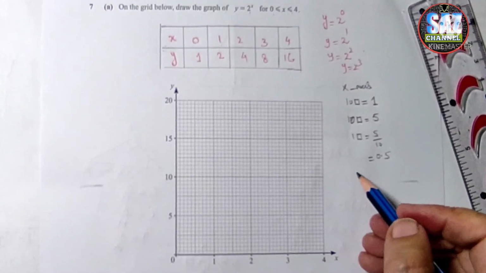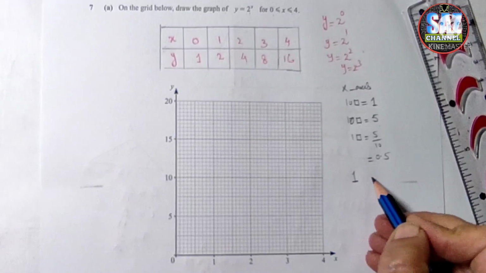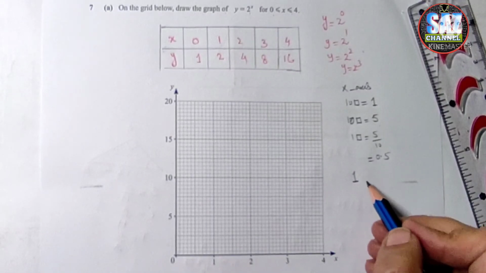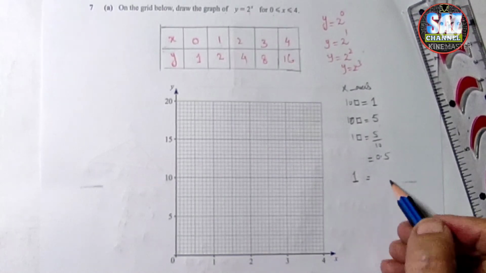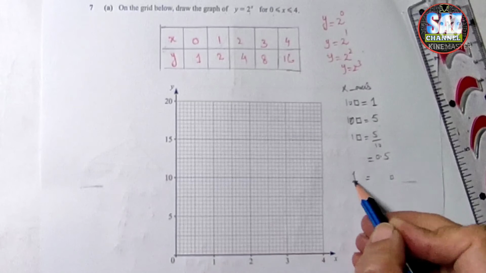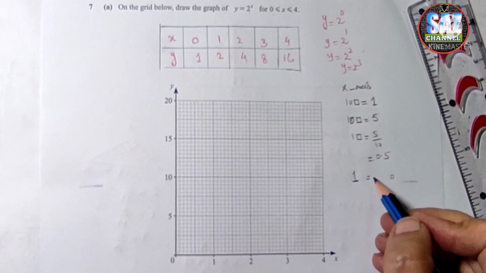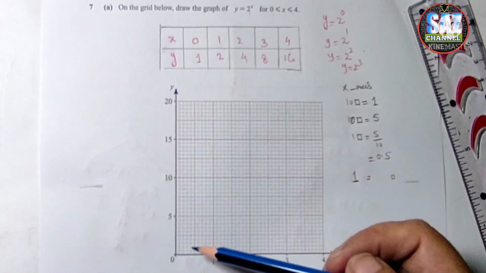So in order to mark number 1, how many small blocks are needed? As one block shows 0.5, for 1 we need 2 small blocks. I hope the scale is clear, and now it's time to go for the sketching.